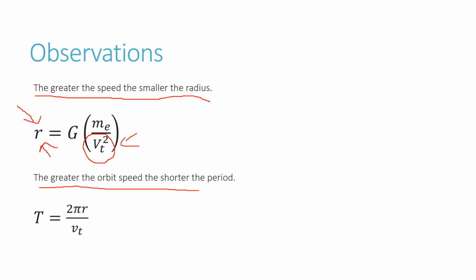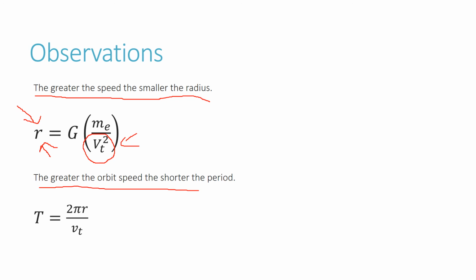So the speed's greater, which makes it smaller, but the radius will also decrease. When you do that, it's going faster, plus it's going a smaller distance, which makes the period much shorter. And reverse for the other way.